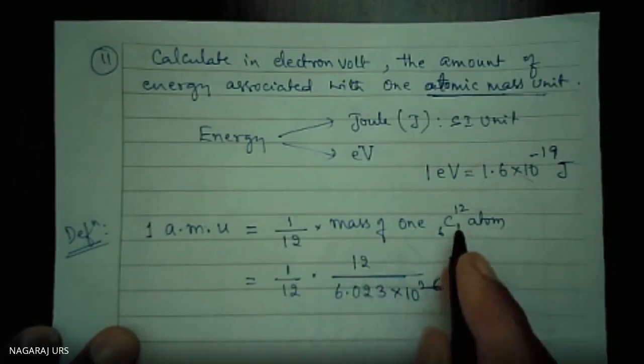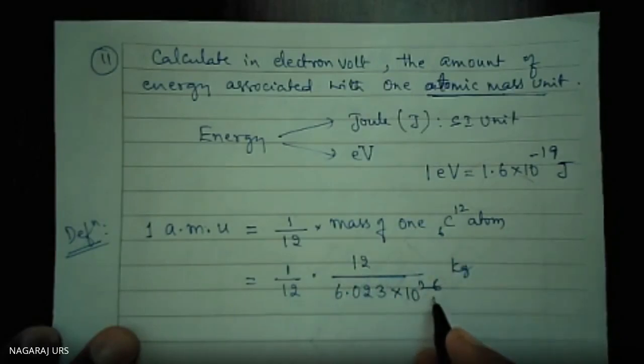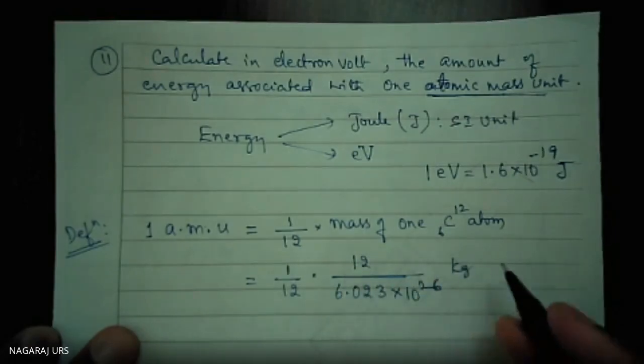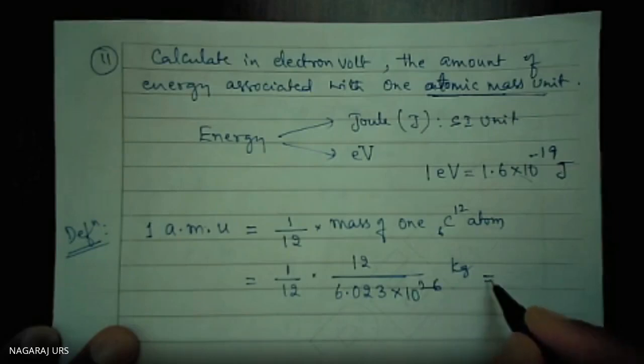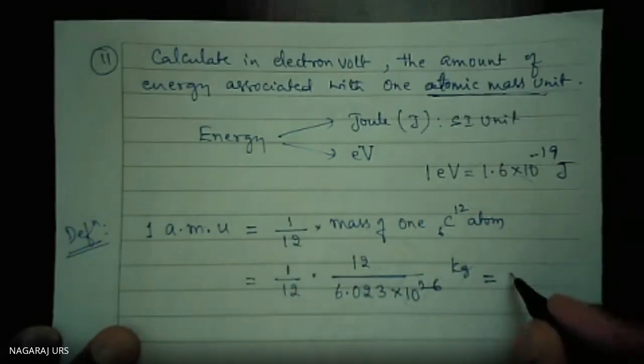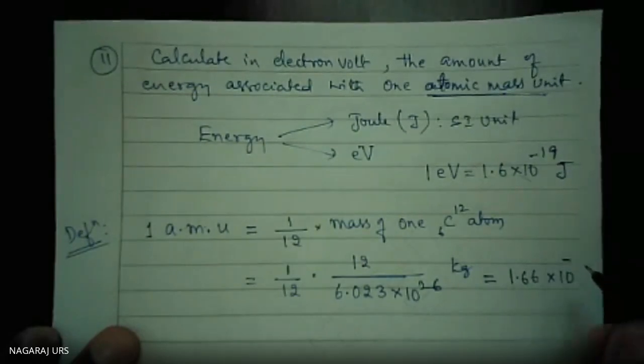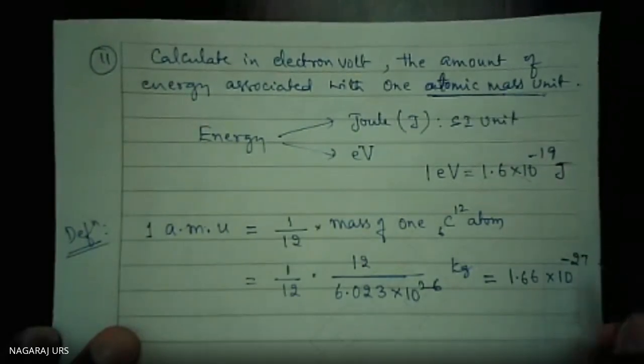Therefore, the mass of one carbon 12 atom is this much. If you do the calculation here, you are going to get 1.66 into 10 to the power minus 27 kg.